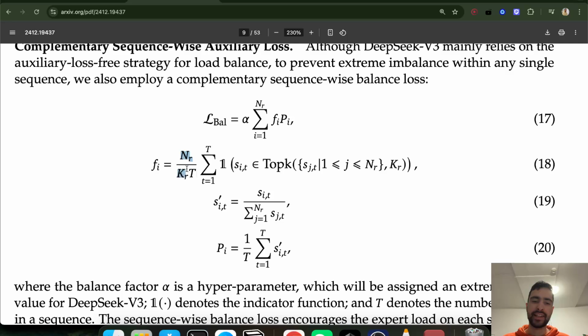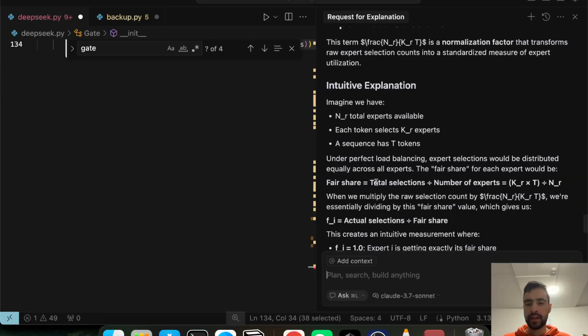To understand what this does intuitively, let's first see what the ideal case would be. The ideal case is that we have a fair share of total selections, so each expert gets an equal number of selections. How do we calculate this number of equal selections that each expert gets? It's the total selections, so that would be the number of tokens times the number of selected experts per token. That would be the total number of selected experts.